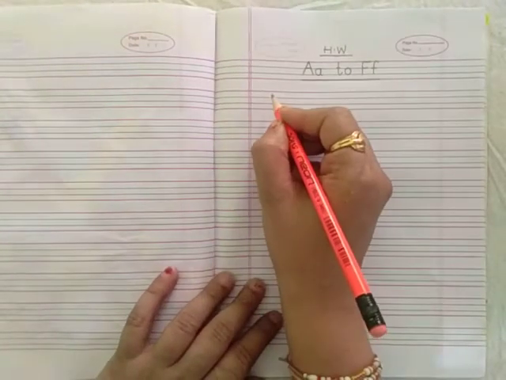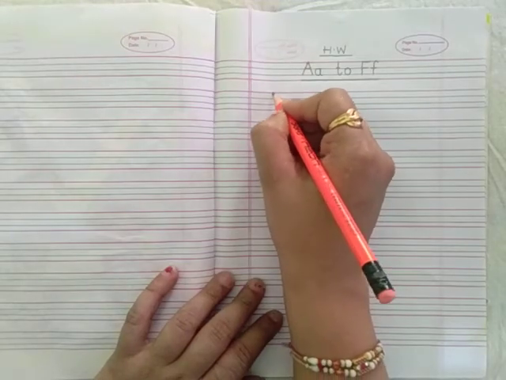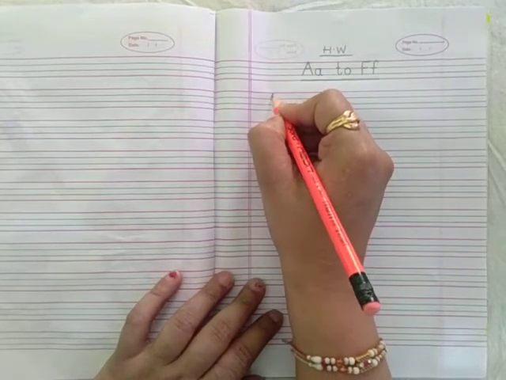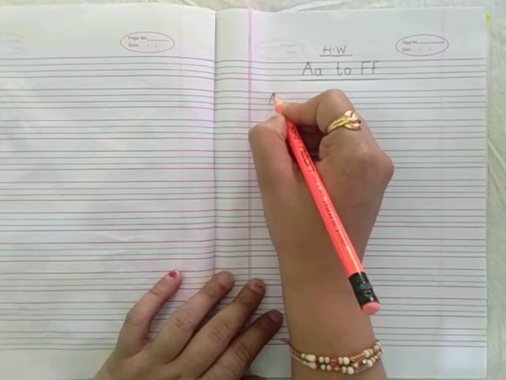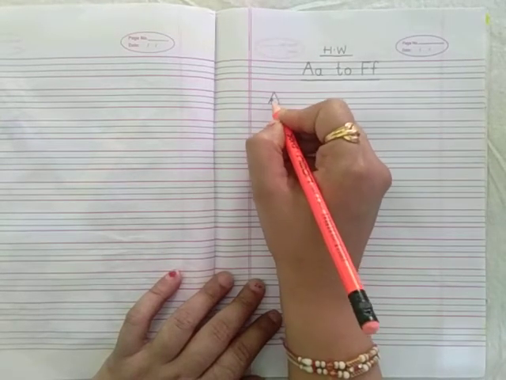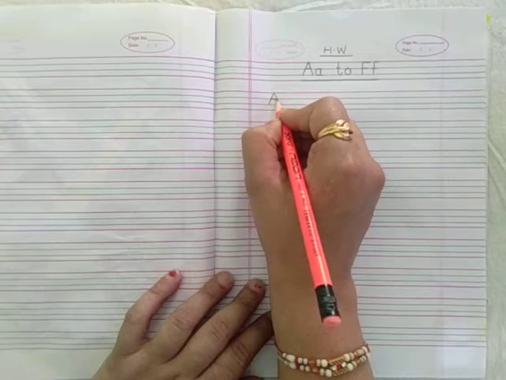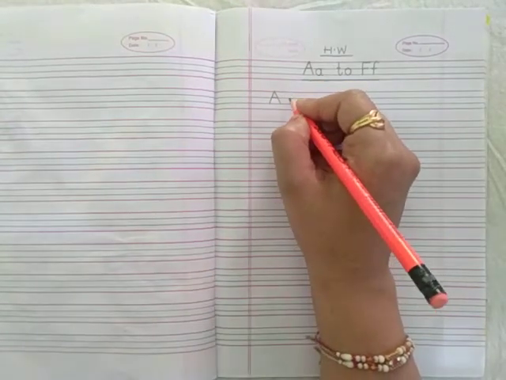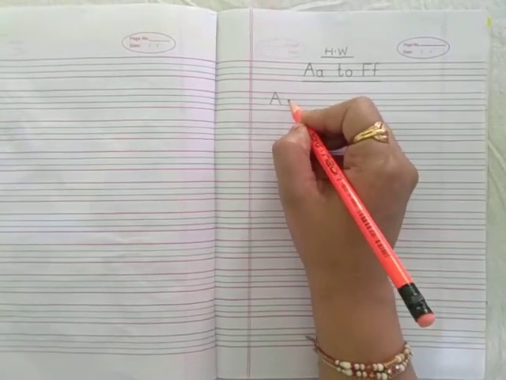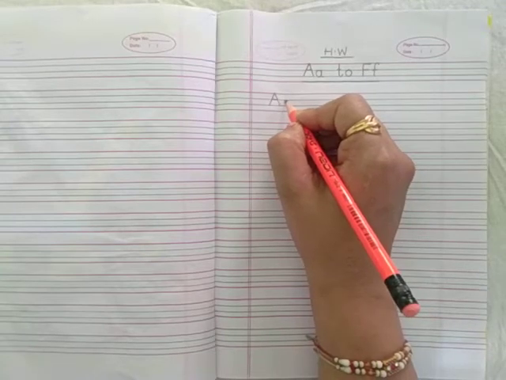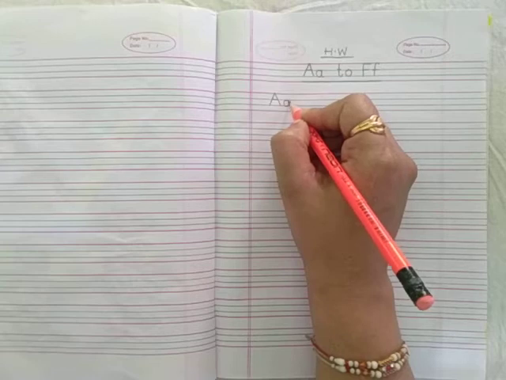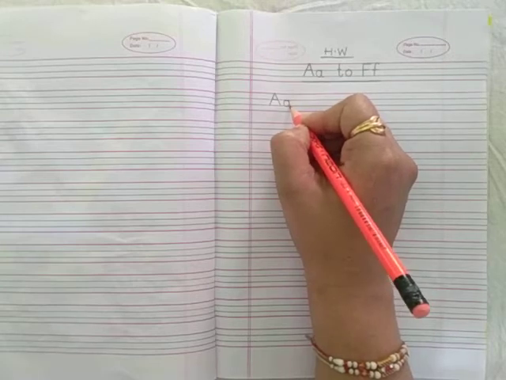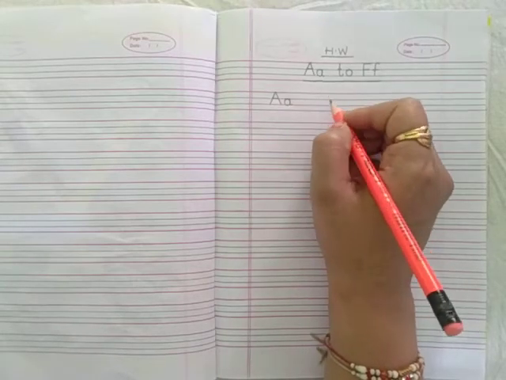So again, for writing A, slanting down, more slanting line, a sleeping line in the middle. Small letter a, left curve, go up, come down, a little curve.